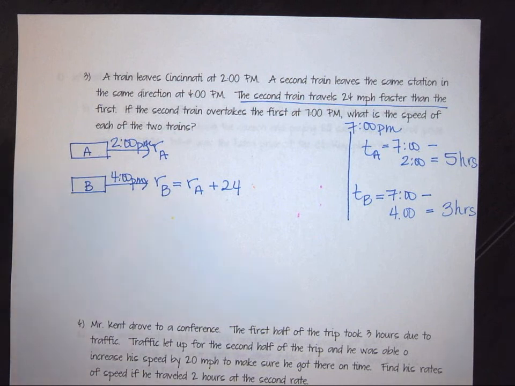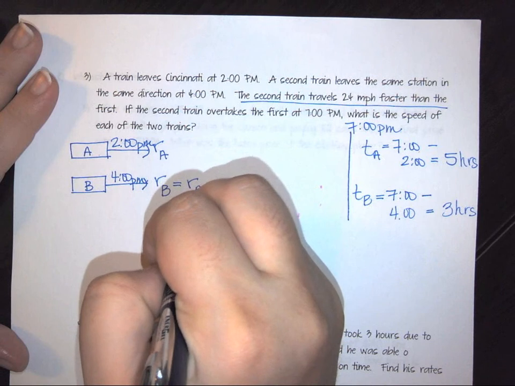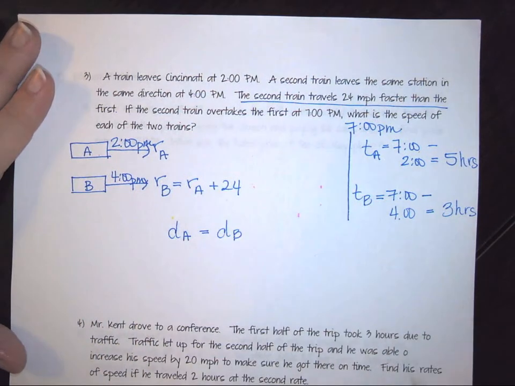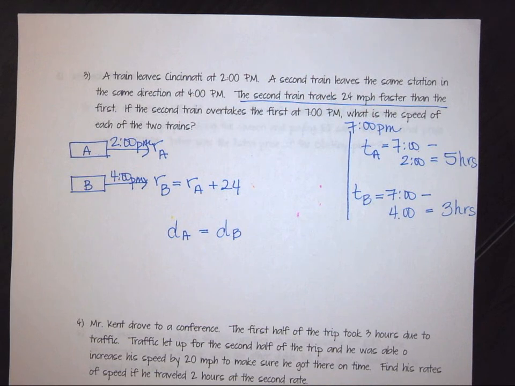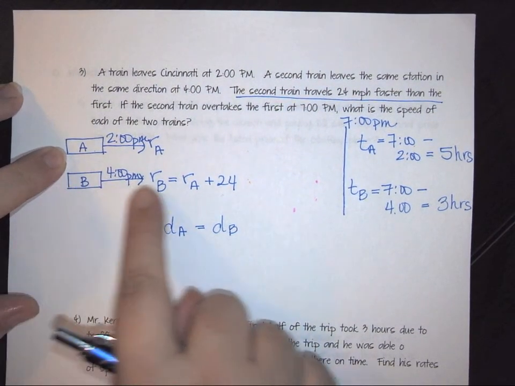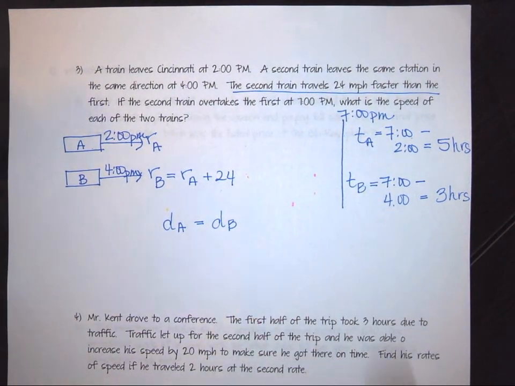So the first thing that we know is that the distance for train A should equal the distance for train B. The reason we know that is because both trains start out in the same place. They're going to travel the same distance, and so at 7 o'clock, essentially, you would see two trains in the same spot. So your distance is going to be the same.